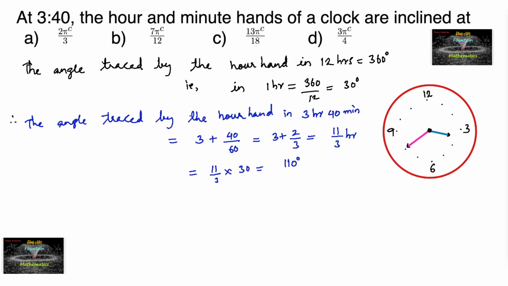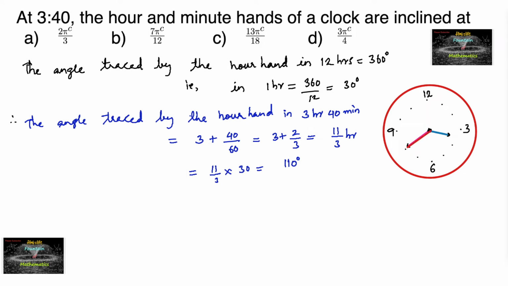Now we also can assume the minute hand. So this is the minute hand, so for 1 minute, 2 minutes and so on, 5 minutes, 10, 15, 20, 25, 30, 35, 40, 45, 50, 55 and 60 minutes, it takes one complete rotation.